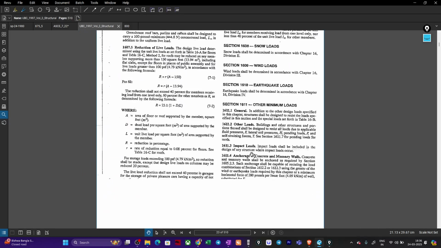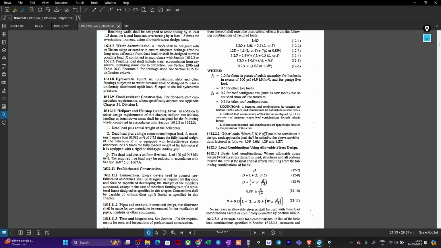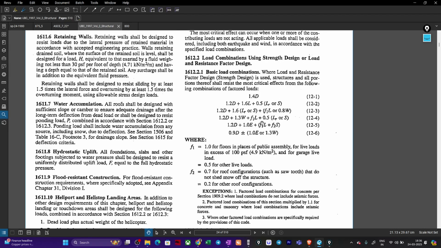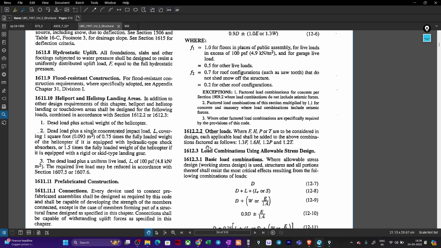Okay, so you can understand that this T also corresponds to the temperature load. So if I again jump into the combination, now we are clear about this F, H, P and T. So our main concern is T as of now. So what it says, where T is to be considered in design, temperature load is to be considered in design, each applicable load shall be added to the above combinations, factored as follows: 1.3 times flood load, 1.6 times H, 1.2 times ponding load, and 1.2 times temperature load.